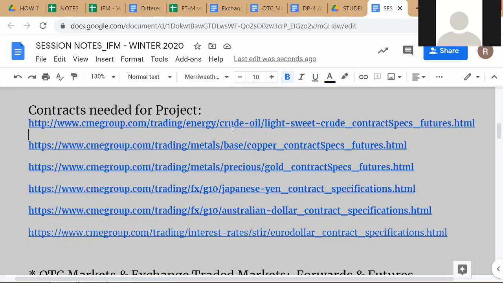I think we'll keep the contract specs name. Let's open this so you can get yourself familiar with this. I don't know why it's taking so long to open up.